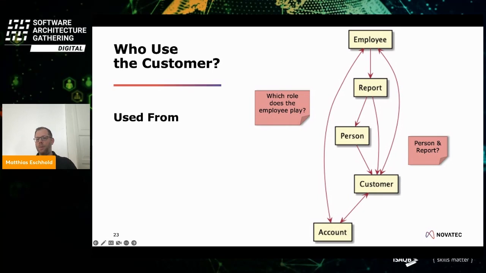I'm very sorry, I mean report. And we see a few bidirectional dependencies. We remember the aggregate design rules: when customer and account are potentially different aggregates, then they should only reference each other by their ID. And it's the same with the account and the report.